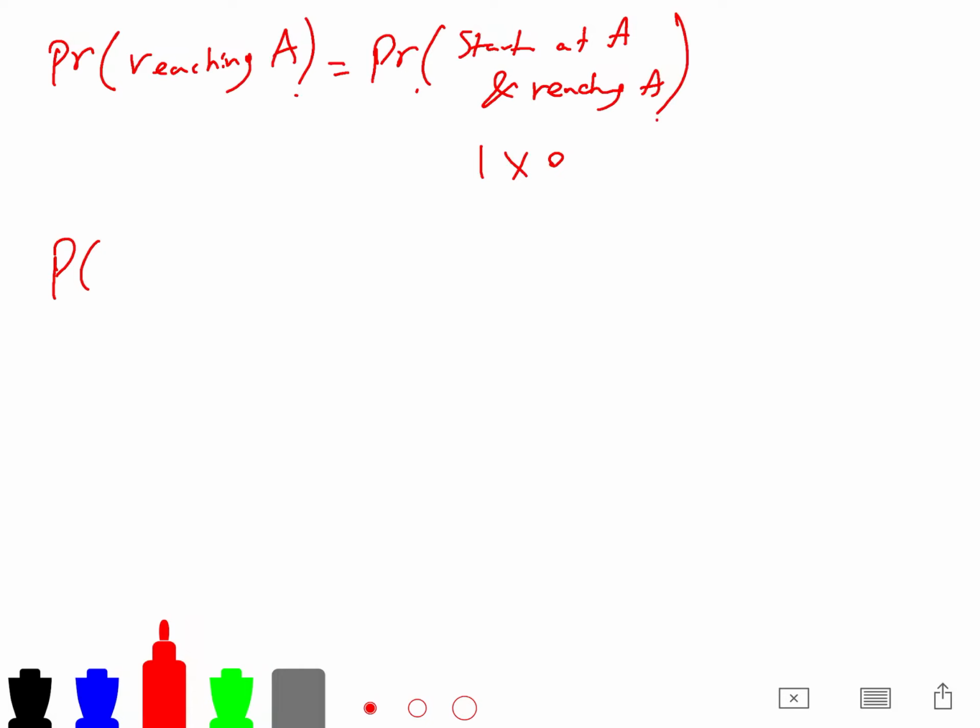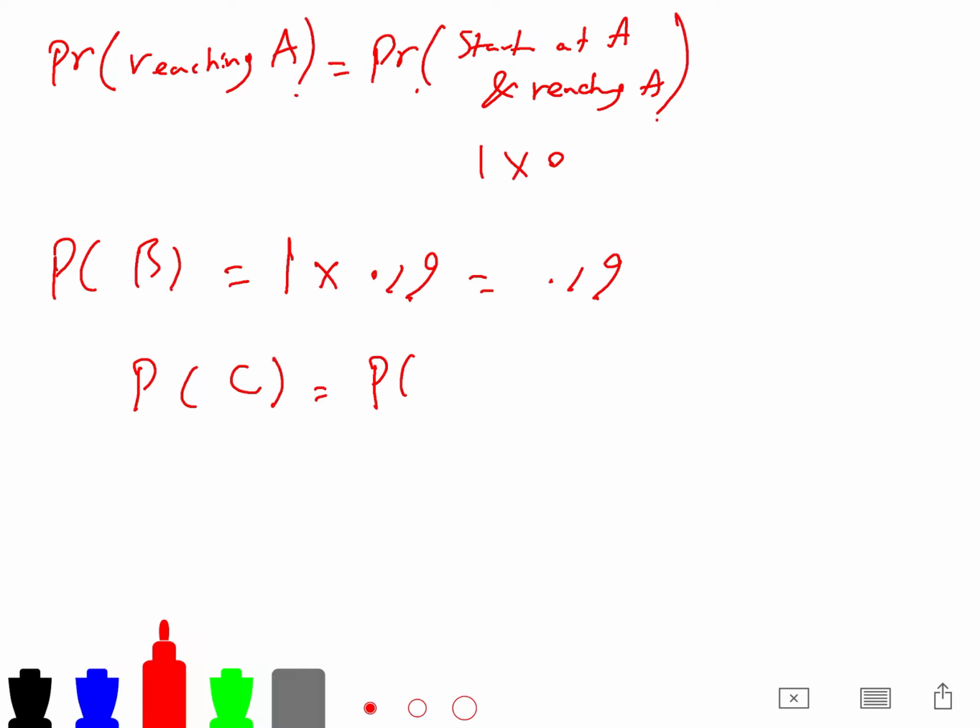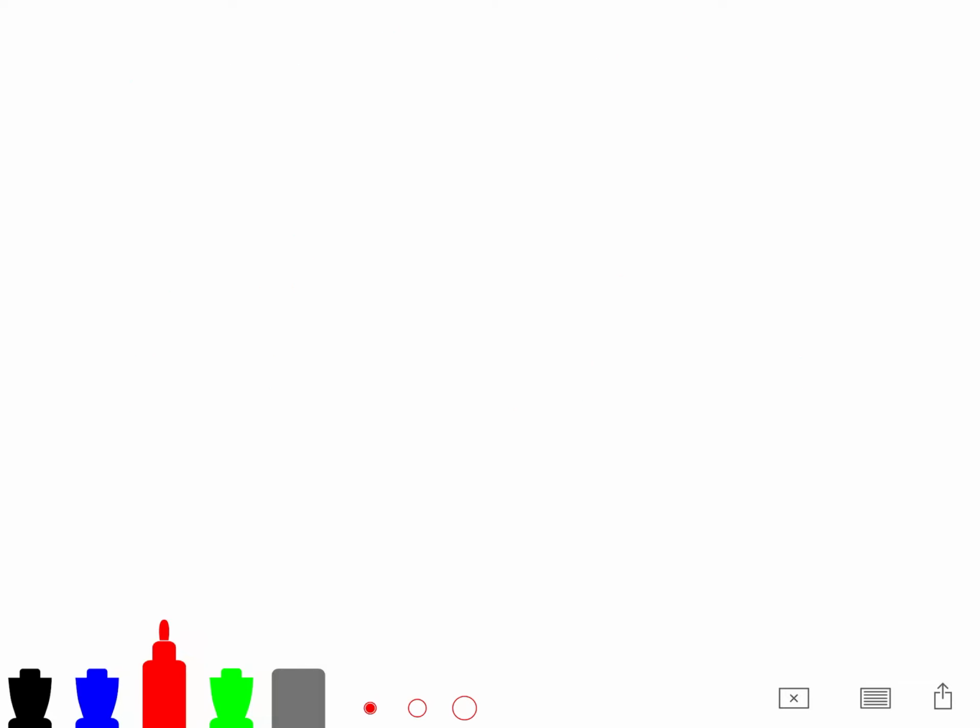The probability of reaching B is the probability of starting at A and reaching B. The probability of reaching C is the probability of starting at A and reaching C. So you see how these are related to probability.